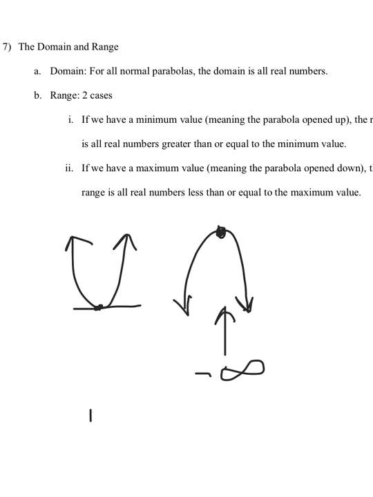So it's very important when you're writing range to remember those things, because if you write it backwards, then it's wrong. In the first case, we're from the point to positive infinity. And in the second case, we are from negative infinity to whatever that point is.